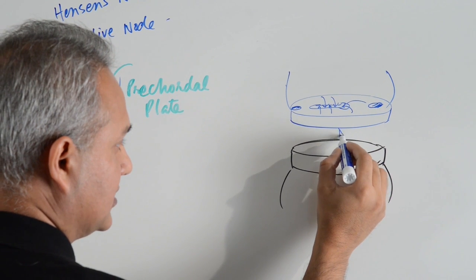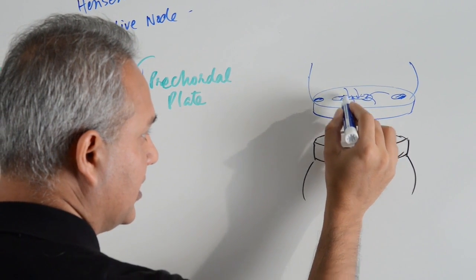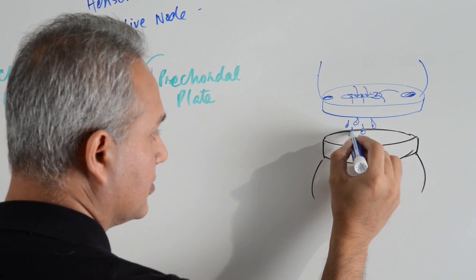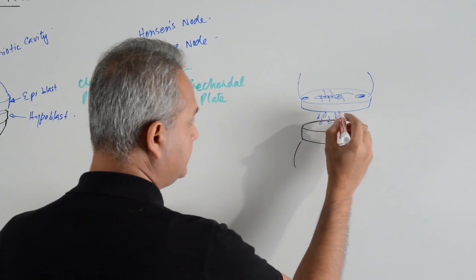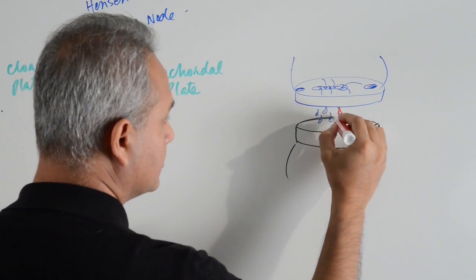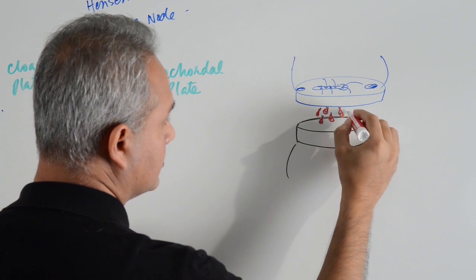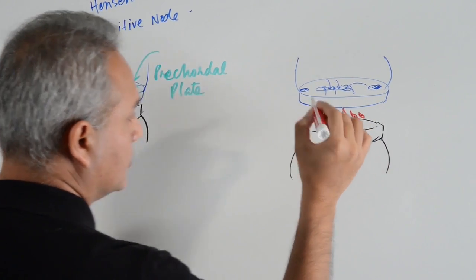So let's make some cells here. These are the cells coming down from these. So let's make them in red color. Cool.